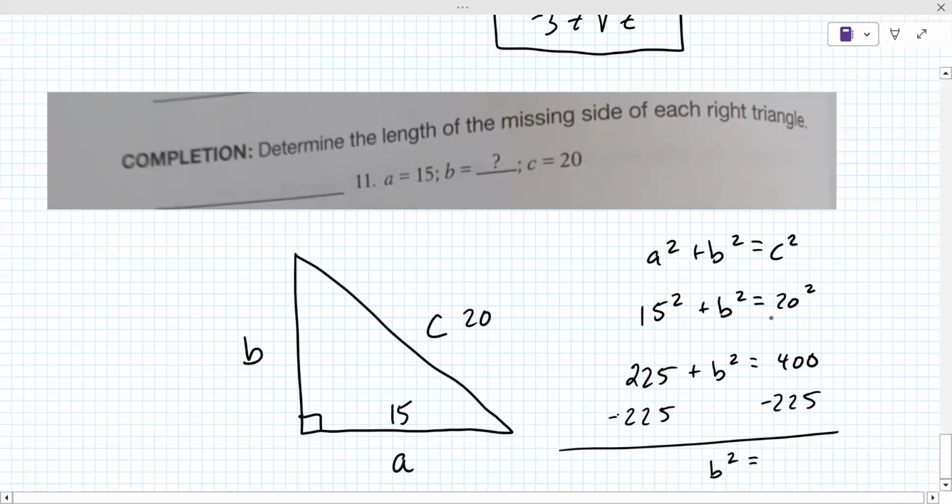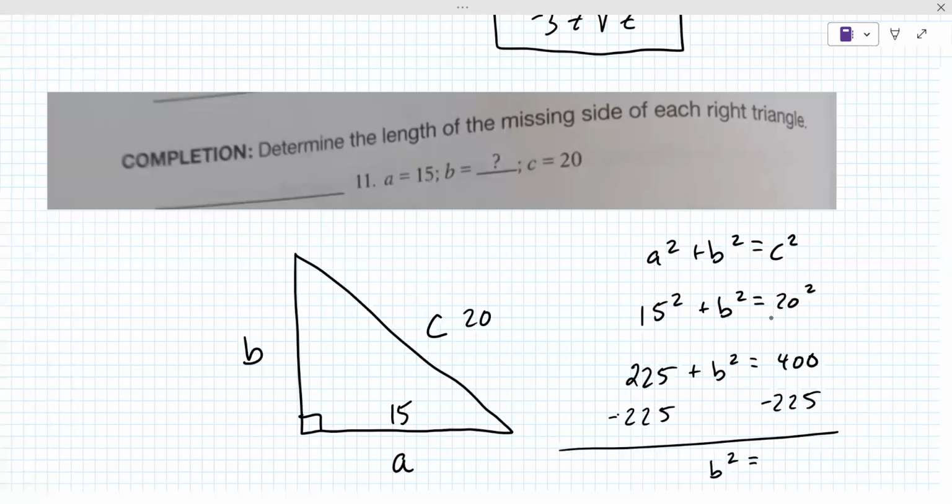Is that okay? Yeah, I'm writing this on this piece of paper here. So then that 400 minus 225 is 175.